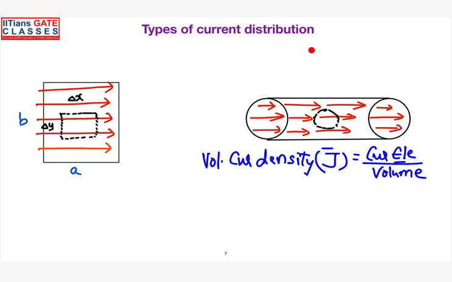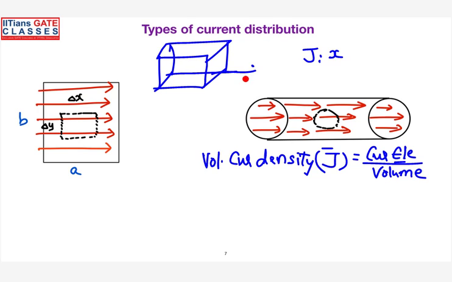Assume that the current density lies along the x direction. For example, consider a parallelepiped like this, with this as your x-axis, this your y-axis, and this your z-axis. The current density lies in the x direction and occupies the entire volume. Now, how to find the current element in that case?